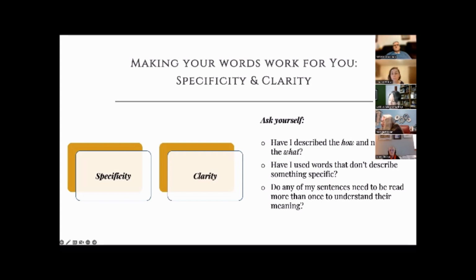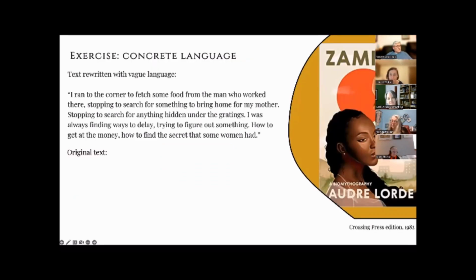So specificity and clarity. And then I've got one more writing exercise for you. This is the last one of these, but it is also the most fun. I have once again taken a beautiful book, Zami: A New Spelling of My Name by Audre Lorde, and I have butchered it by replacing a lot of her specificity and concrete language with vague language.